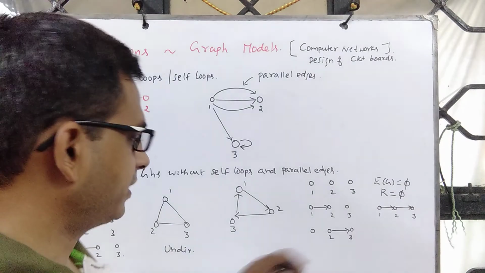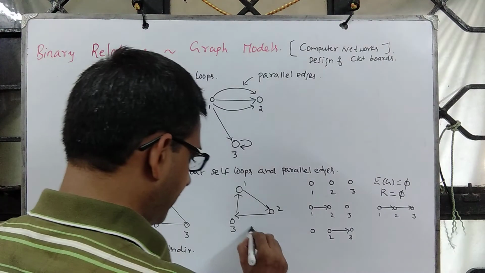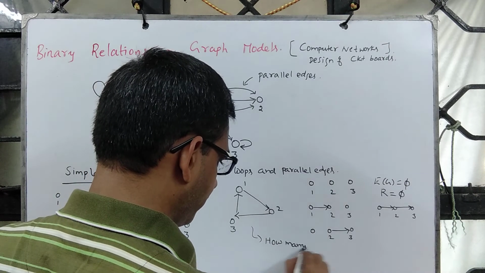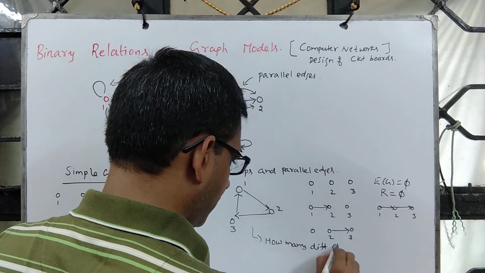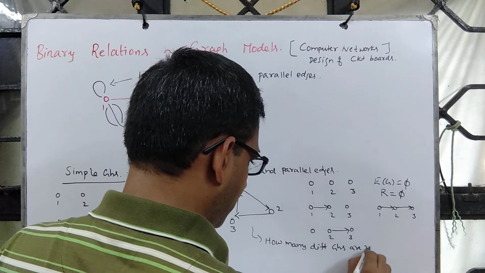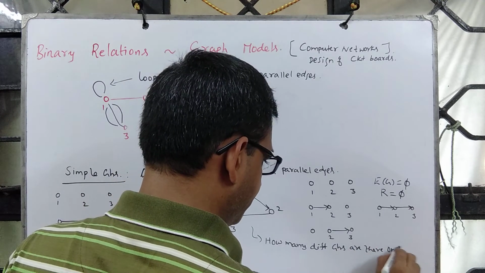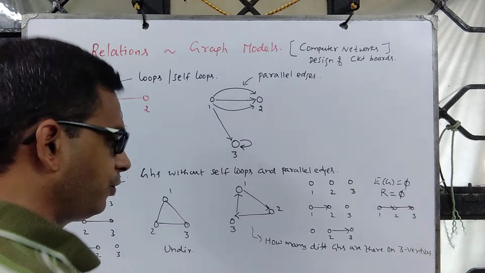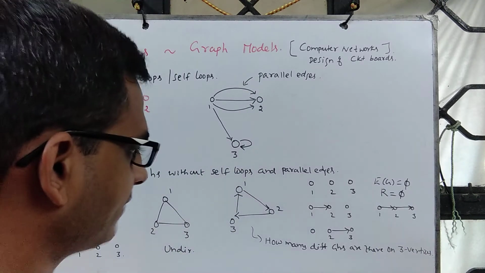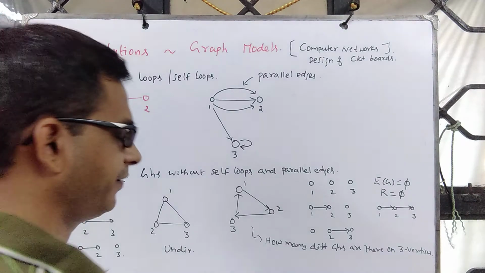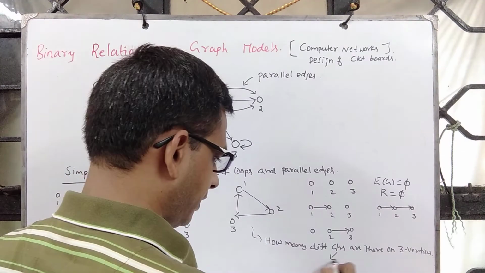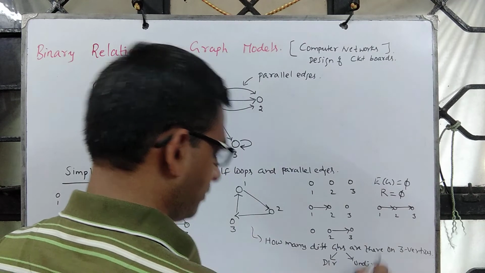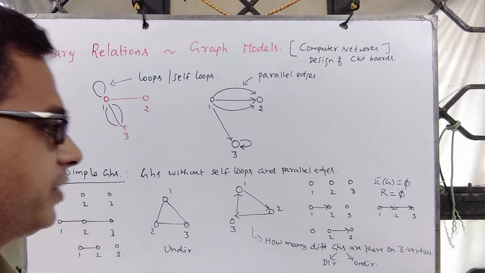Now the interesting question is, how many different directed graphs are there on 3 vertices? Similarly, how many different undirected graphs are there on three vertices? So this could mean directed or undirected. So can we count them?